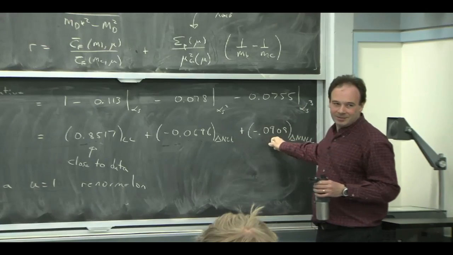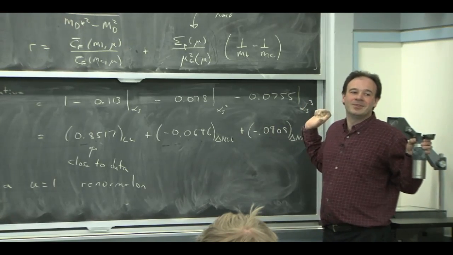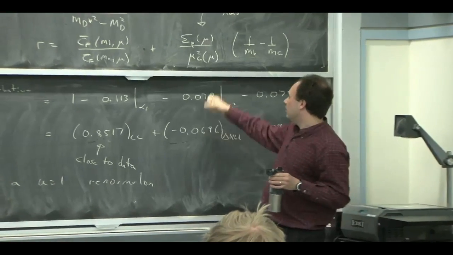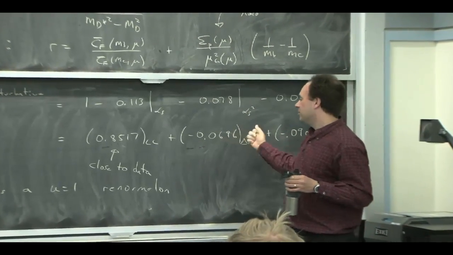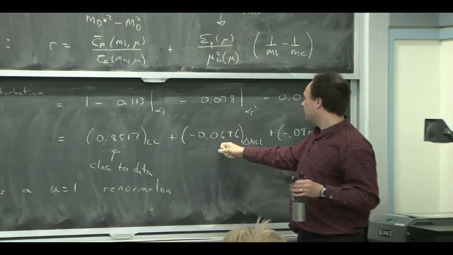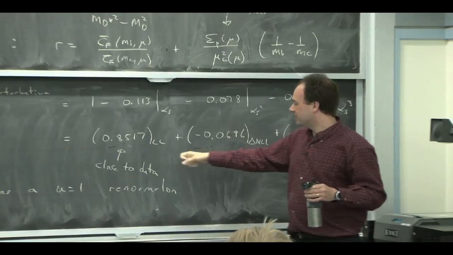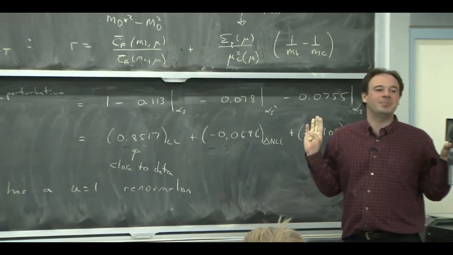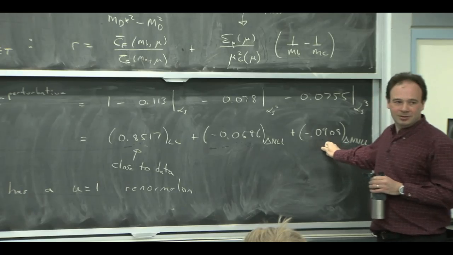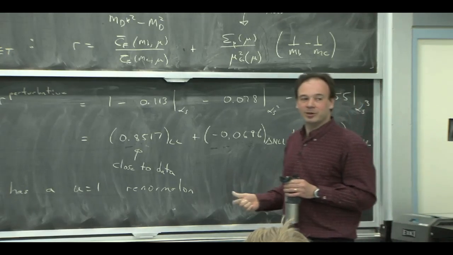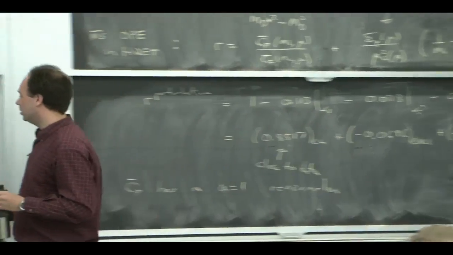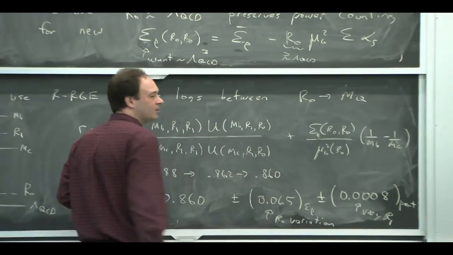If this guy was small again, you'd be fine, right? Because then you'd say, okay, I extract this thing in the same order that I include that, and maybe this thing gives a plus 0.07 and this guy gives a minus 0.07, and then I'm close to the data and you're happy. The issue is that you go to a higher order and you get an even bigger shift. That's the real problem, that in the perturbative part alone, you don't have any sign of convergence.